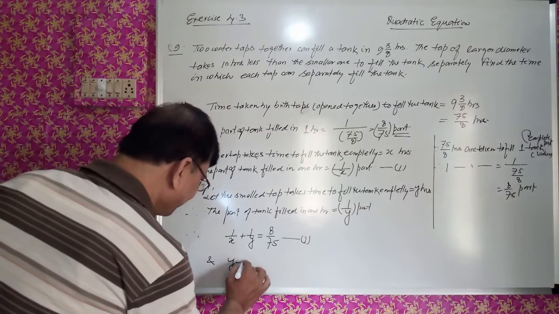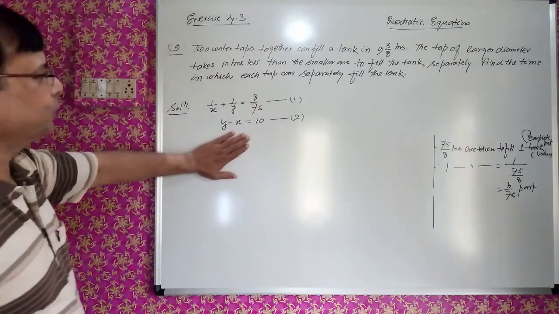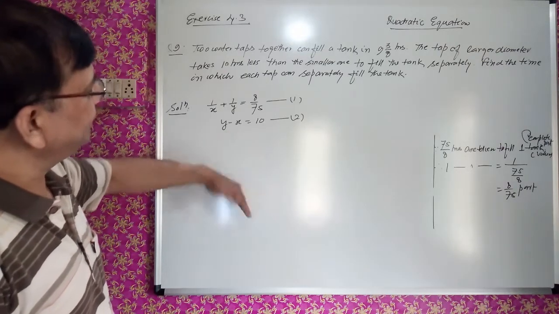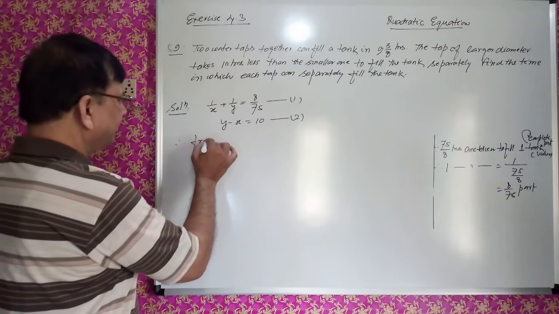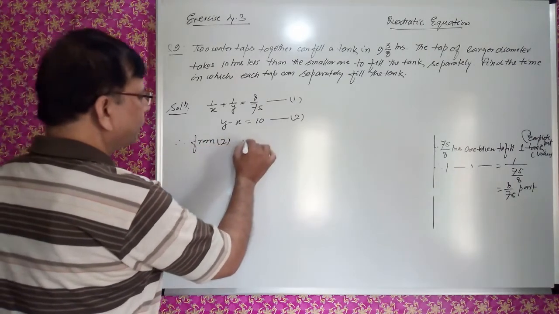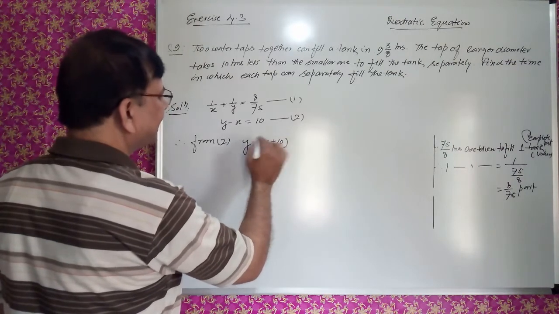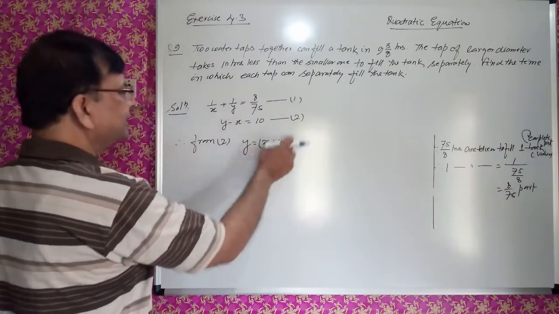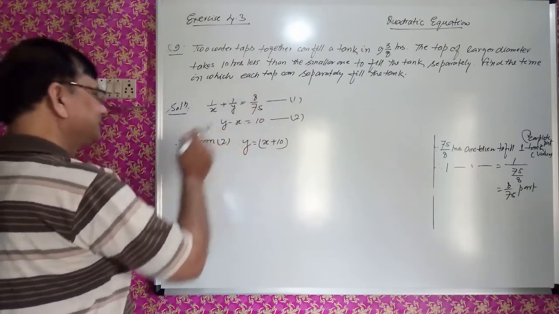Y minus X is equal to 10. So from equation number 2 we will find the value of Y and put it in 1. Therefore from 2, Y is equal to X plus 10. I have transferred X to this side, so X plus 10 is Y, and we will substitute this value in this.